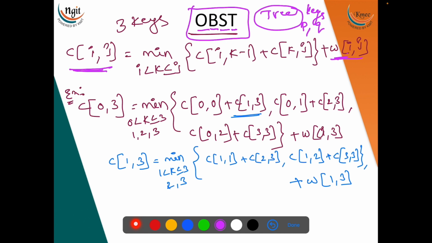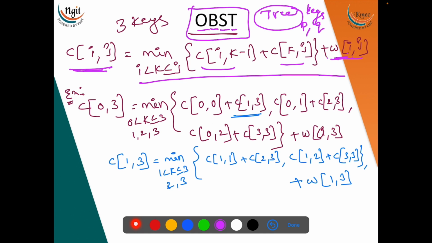Cost can be calculated using this formula: minimum over i less than k less than or equal to j of C of i comma k minus 1 plus C of k comma j plus W of i comma j. The meaning of this is that we will compare the cost of 2 things. The 2 is what?